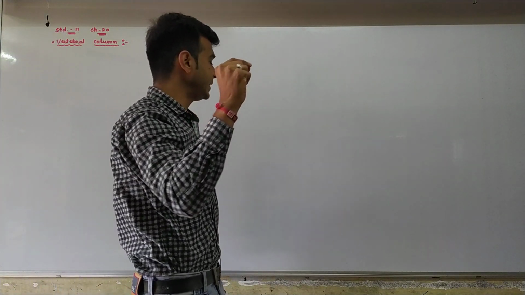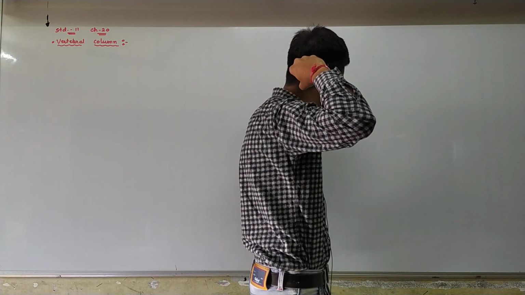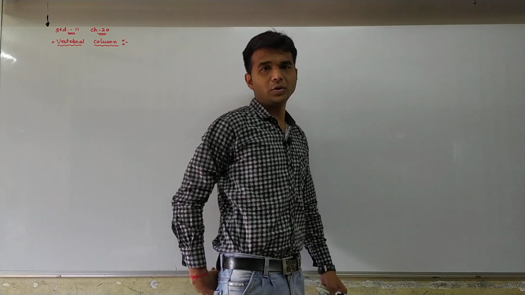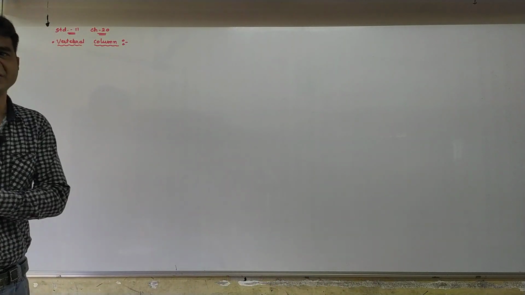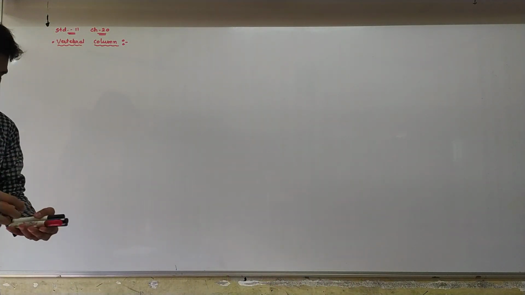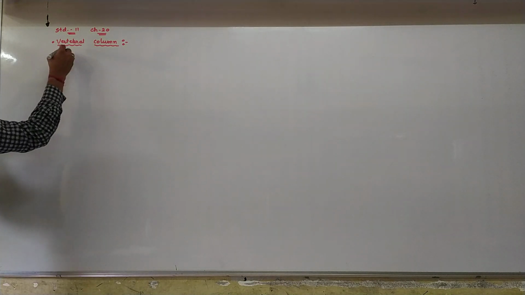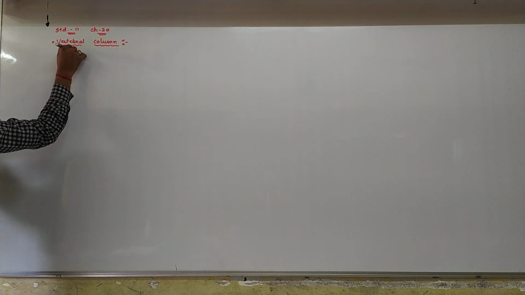The vertebral column arises from the base of the head to the lowermost side of the pelvic region. Fine. Here I want to tell you many things. The vertebral column is made up of vertebrae.